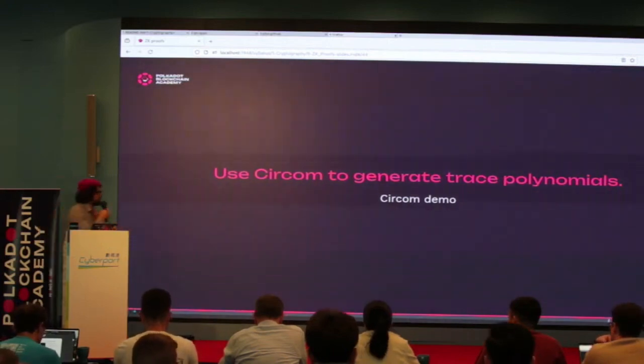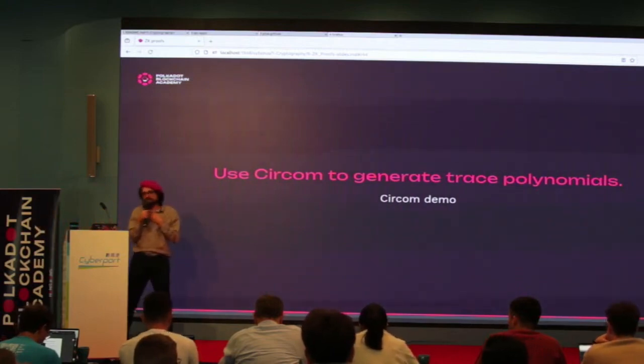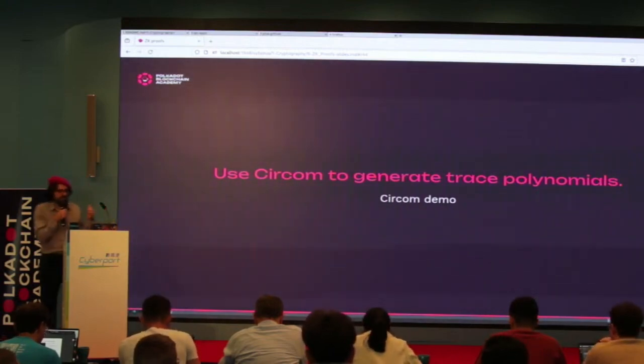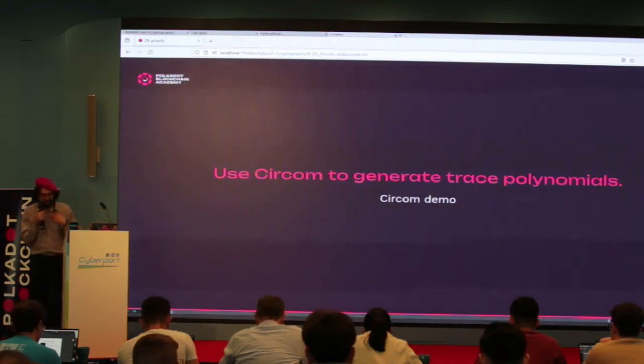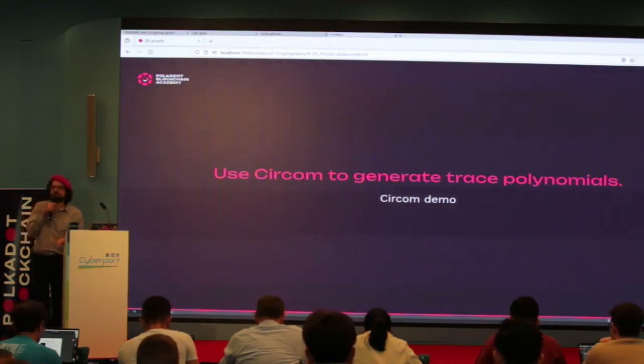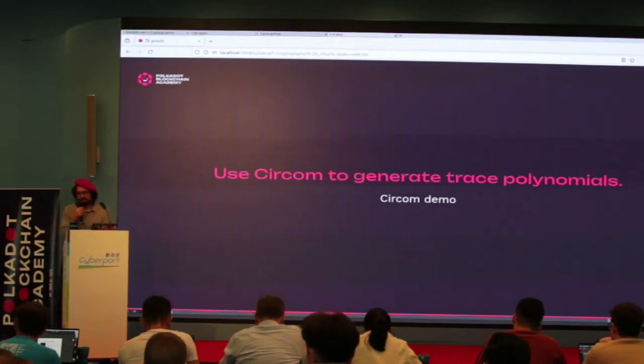So I'm just going to show these few steps with Circom and snark.js, the tools that generate the proof for you and verify it. So you don't need to go through the mathematics of those tables and vectors and Lagrange interpolation.